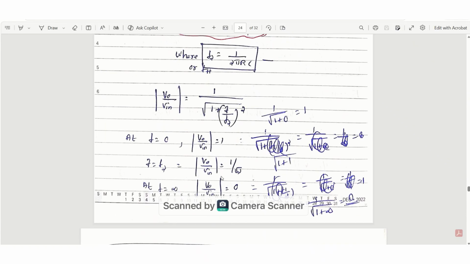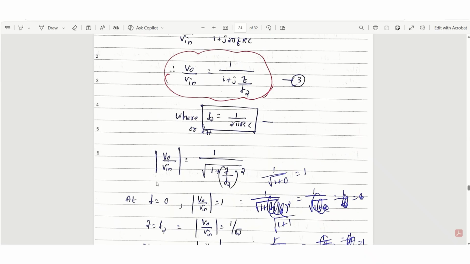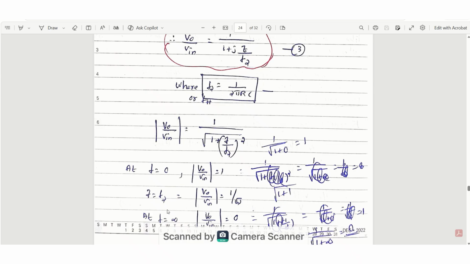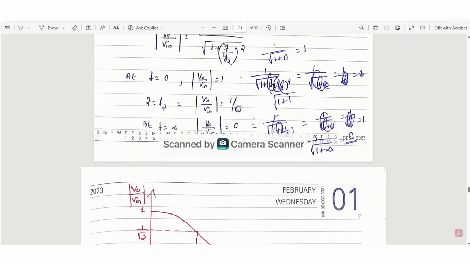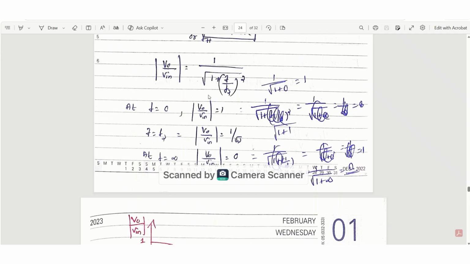In the same case, we are analyzing what will be the gain when frequency becomes 0, at the cutoff frequency, and when frequency tends to infinity. At these 3 scenarios, we find the magnitude of gain.